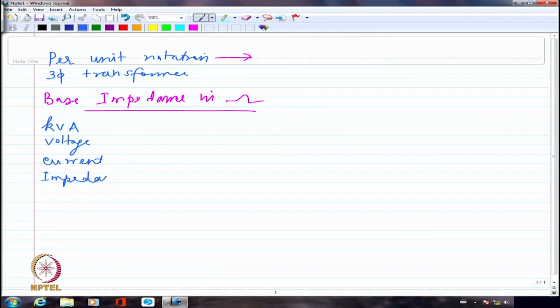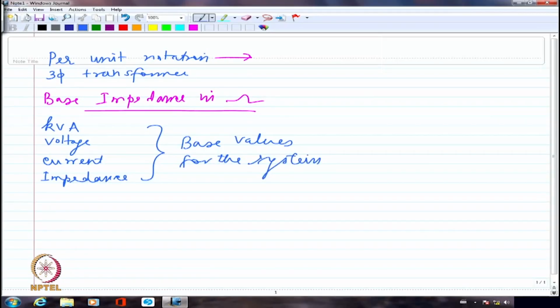If I have a system with a particular value of kVA defined as its base and a particular value of voltage defined as its base, kVA divided by the voltage in kilovolts will give me ampere directly. That will be the base ampere, and then the base voltage divided by the base ampere that I have defined will become the base impedance.